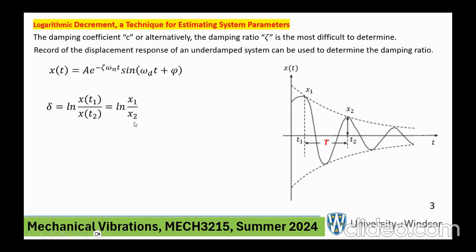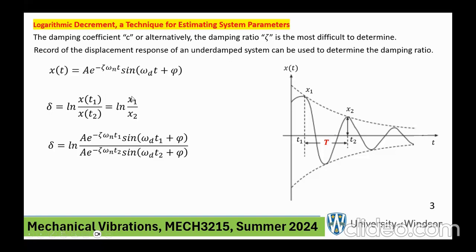This is just a definition. So the logarithmic decrement delta is the natural log of two consecutive peaks. Now, it doesn't have to be x1, x2. It can be x2 and x3 or x3 and x4. It doesn't matter. Any two consecutive peaks, which I have here assumed to be at t1 and t2, or x1 and x2. Okay? Good.